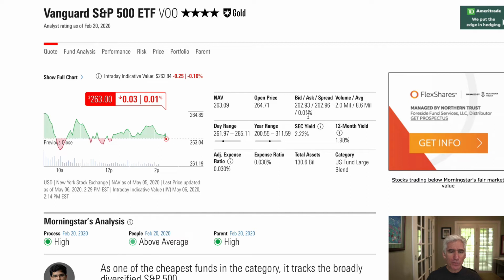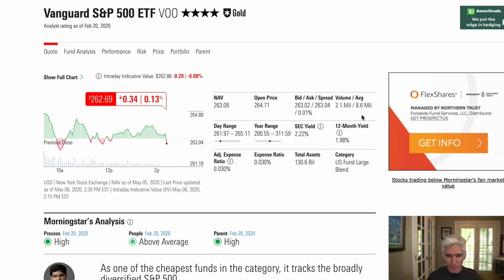And the reason is because this is a highly traded ETF. You can see the average volume, 2 million here and 8.6 million. It's a highly traded ETF. So the bid-ask spread is going to be very small, and the fund is going to trade very near its net asset value.